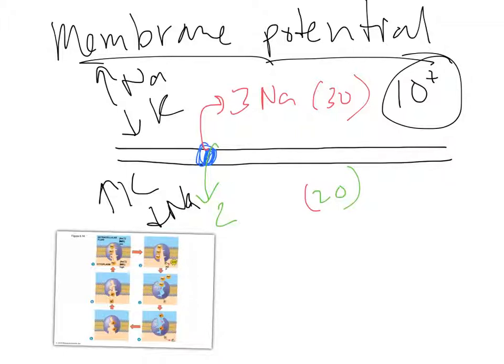So what's going to happen when, say, a channel here, what we call a ligand-gated channel, this sodium-potassium channel opens. What's a channel? A channel is an example of what? Facilitated diffusion. So now if that channel opens, what's going to happen to sodium potassium?